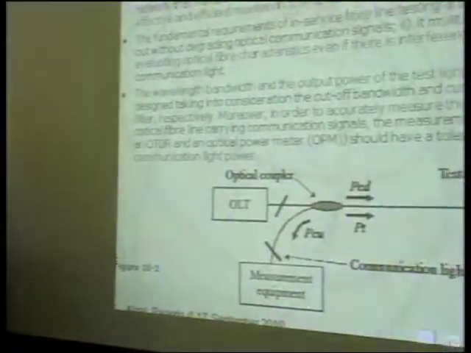Then the idea is, when you have, like here, an optical line terminal and an optical network terminal, there is a signal being transmitted here, and this measurement equipment uses an optical coupler to get part of the power we have in this line, and analyze what happened with this power.